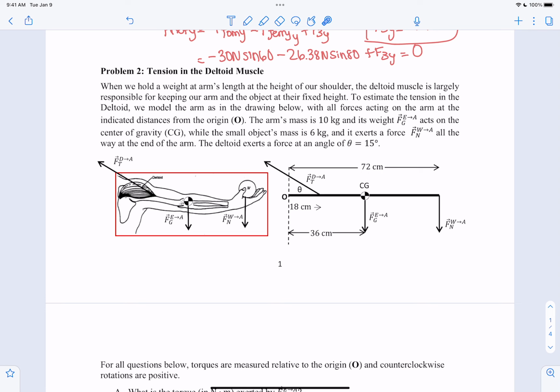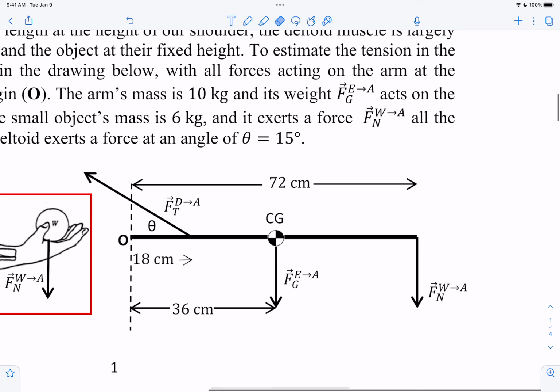So the arm's mass is 10 kilograms and its weight, Fg, Earth on arm, acts on the center of gravity, while the small object's mass, this little weight here, is 6 kilograms and exerts a force. They consider it as a normal force in a sense, and that's the weight on the arm, right?